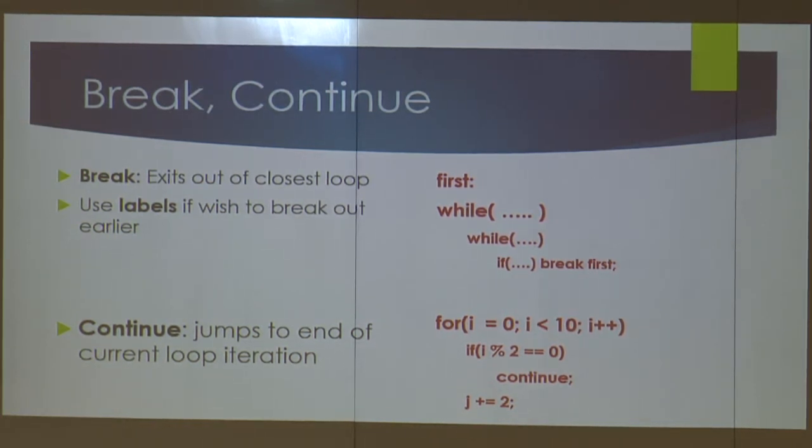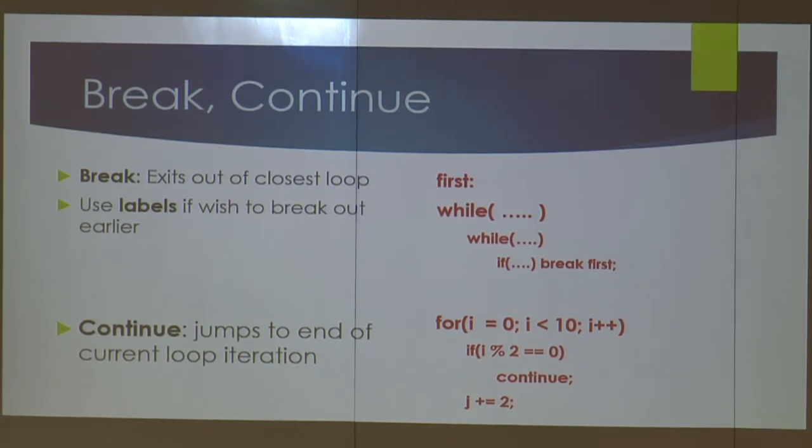The keyword continue allows us to jump to the end of the current loop iteration. While break exits a loop completely, continue just fast forwards us to the end of the iteration. If there are more iterations left, it continues looping, but it skipped the current one. That's useful if we only want to execute code if the counter is even, or odd, or some other condition is true.